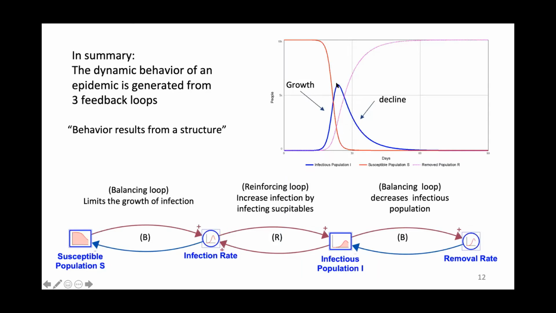We've also seen that reaching the peak is when the balancing loop kicks in, which puts limits on the growth of the infection. It decreases the infectious population. And they're not acting at the same time just because people need time to recover.